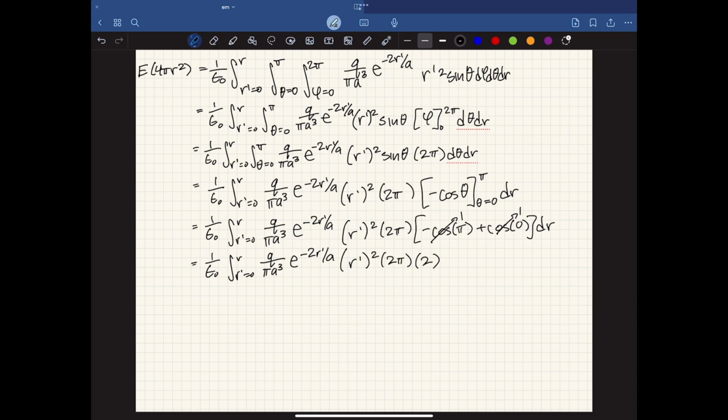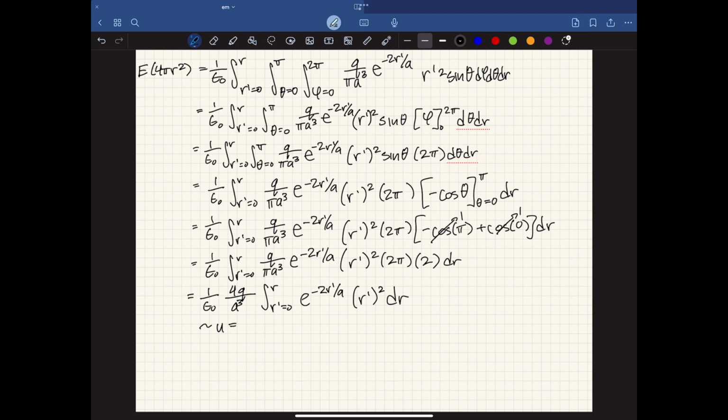I will now take all the constants out just to make this look a little bit better. I realized I forgot to write dr in the previous line. Now we want to solve this integral, so I'll be using integration by parts.